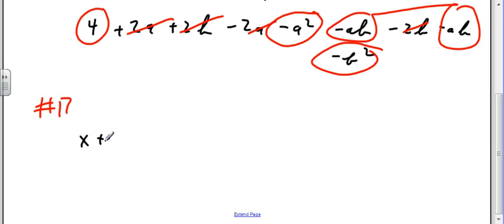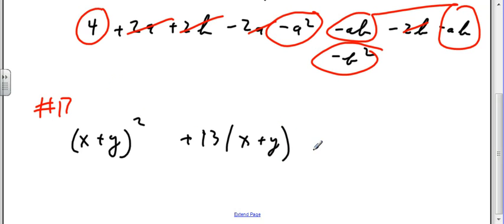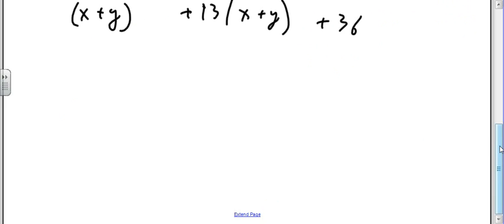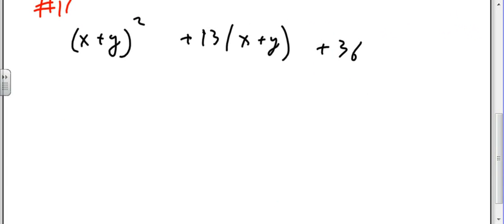x plus y squared plus 13 x plus y plus 36. I think I'm going to do something weird. Do I do something weird every now and then?